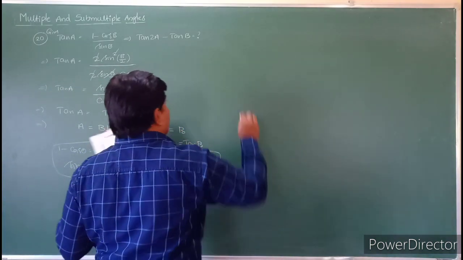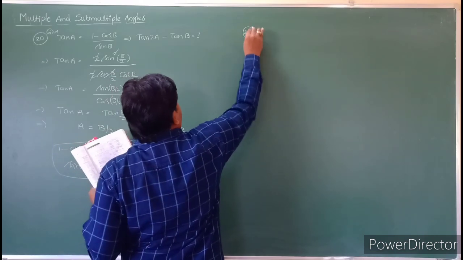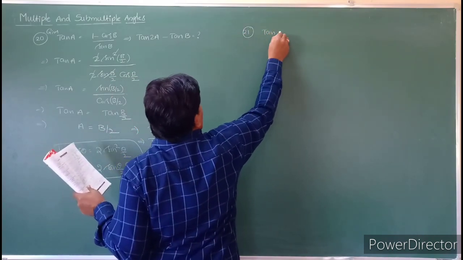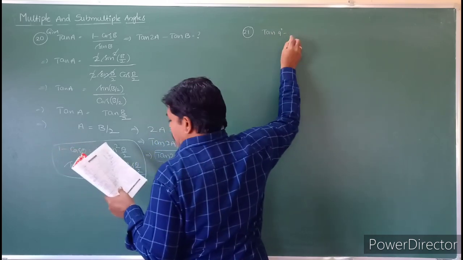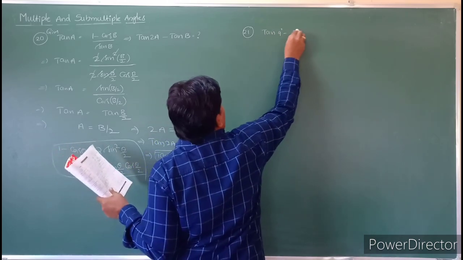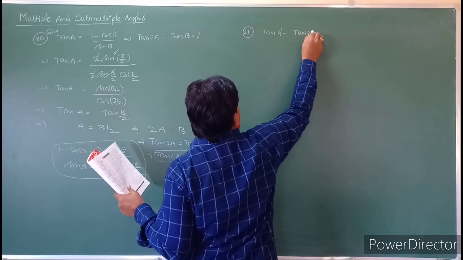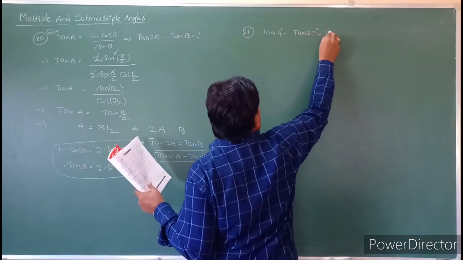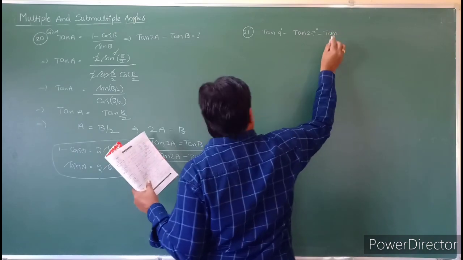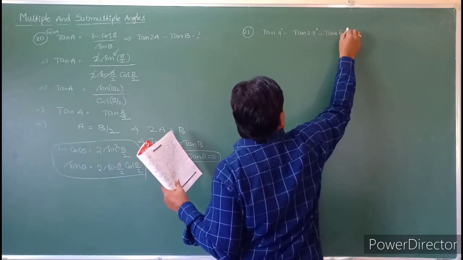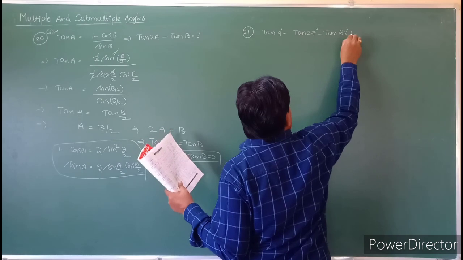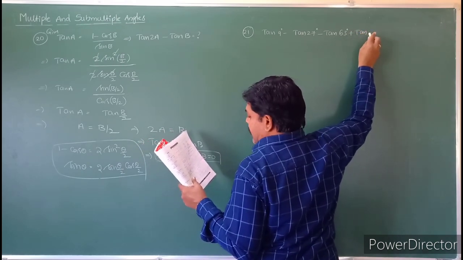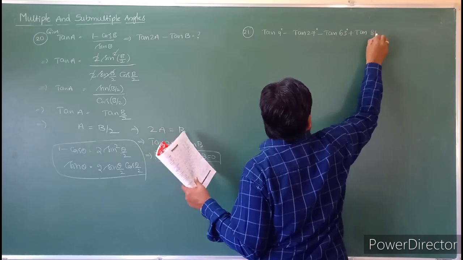So what is question number 21? See that question, students. Tan 9 degrees minus tan 27 degrees minus tan 63 degrees plus tan 81 degrees.